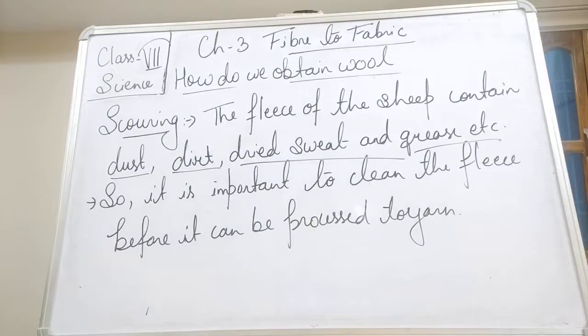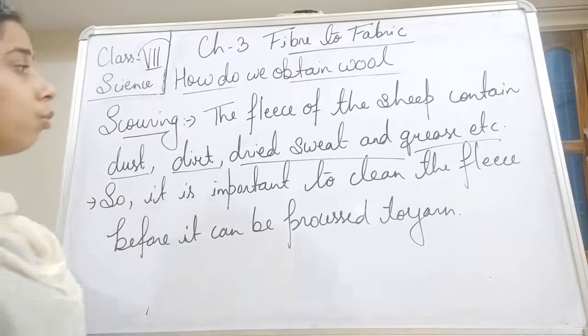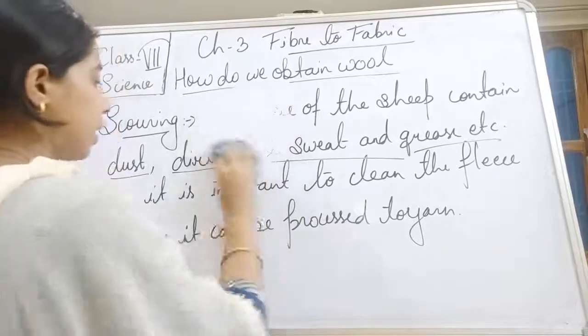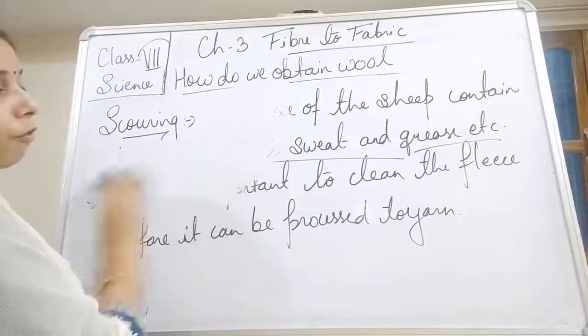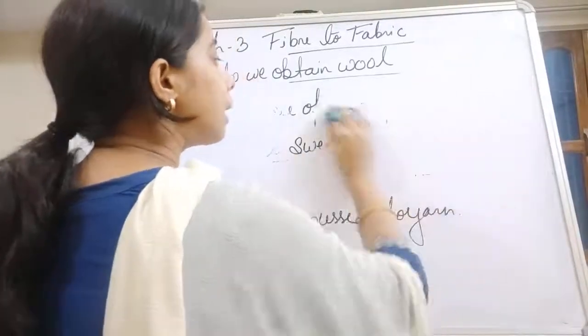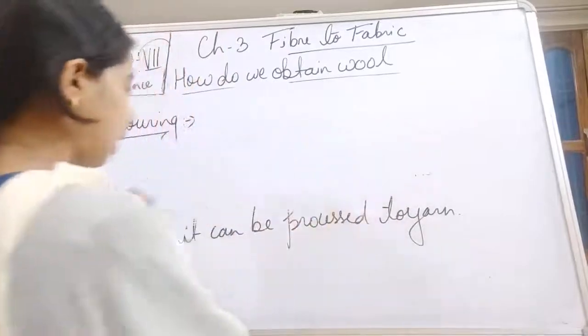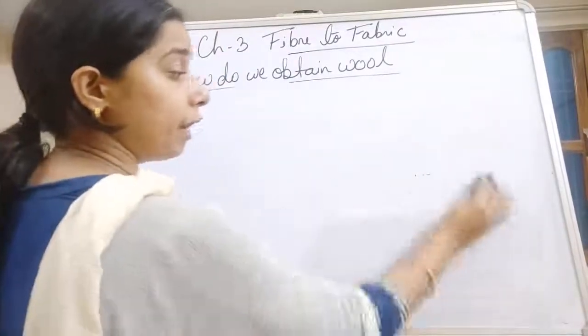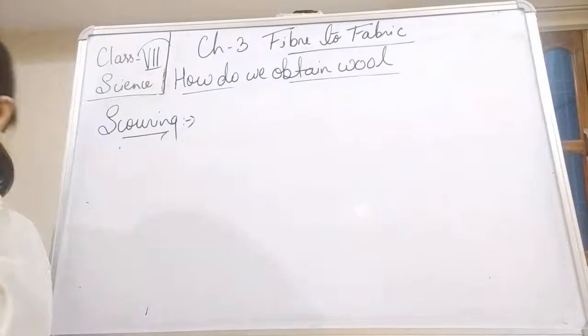Okay, now how do we do that, students? We wash it in a lot of water. We use a lot of water in order to clean the dust and the dirt which is present along with the sheep's fleece, students.